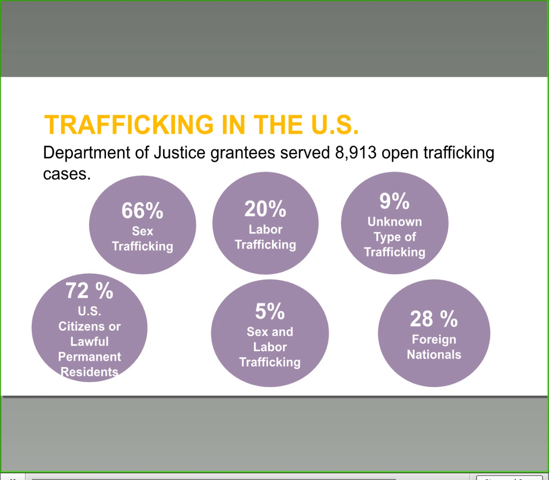Much of this is also included in the TIP report. The TIP report is put out by the Department of State of the United States, and it's the Trafficking in Persons report. Every year they put out a report that explains each country's rating for how they are tackling human trafficking in their country.